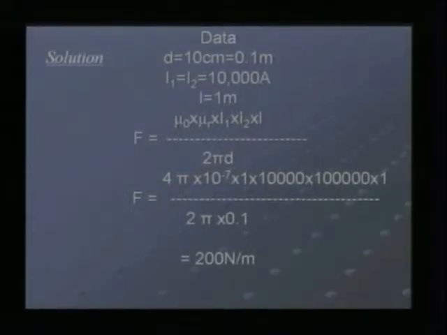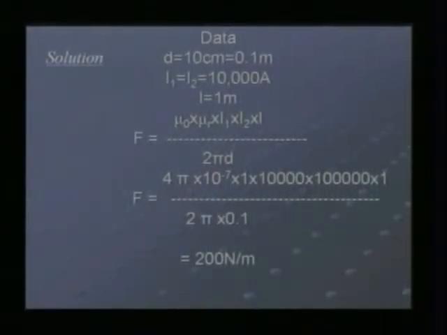Here the given data is, distance between two conductors is 10 centimeters, that is equal to 0.1 meters. Current through the bus bars, I1 equal to I2, is equal to 10,000 amperes, and length of the conductor is 1 meter.